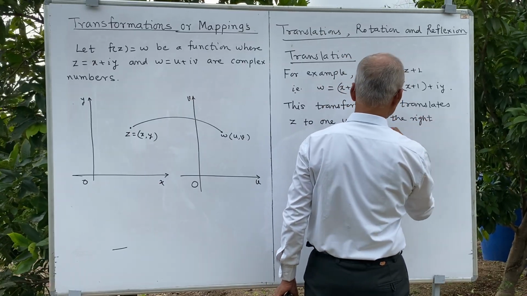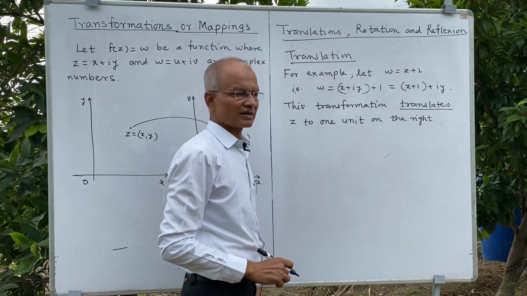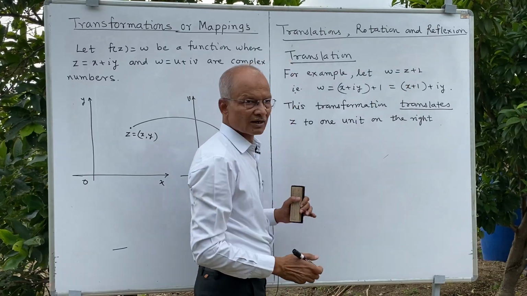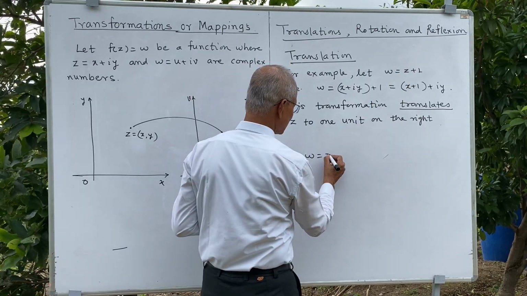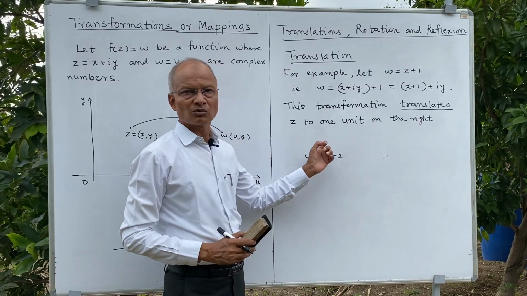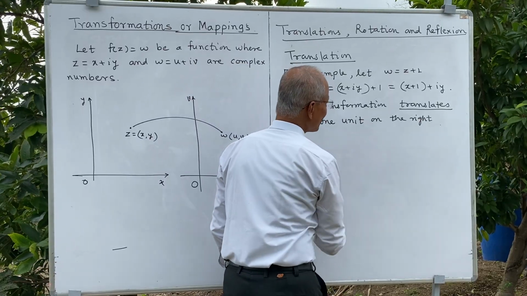If you consider w is equal to z plus 2, then it will transform the point z to 2 units on the right of z, and y will remain the same.